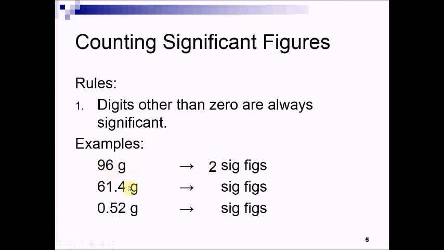Those 2 digits both matter. 61.4 grams, 3 digits there. None of them are zeros, so they all matter. And then we have sort of an issue here, 0.52 grams. Does the 0 matter? Well, in this case, no. And we'll talk about when zeros do matter. So just the 5 and the 2 were really part of the measurement, and they are considered significant.